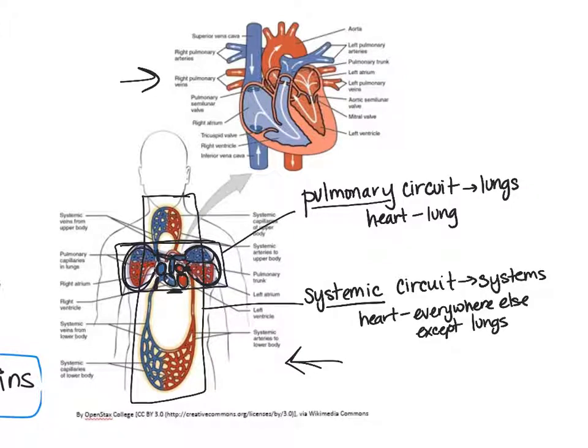And then we're going to go into our systemic circuit. And our systemic circuit is then going to be pushing the blood from our left ventricle out through the aorta up here, which is going down here to the bottom part of the body and up here to the top part of the body as it's related to the heart, so inferiorly and superiorly. So then this is our systemic circuit.